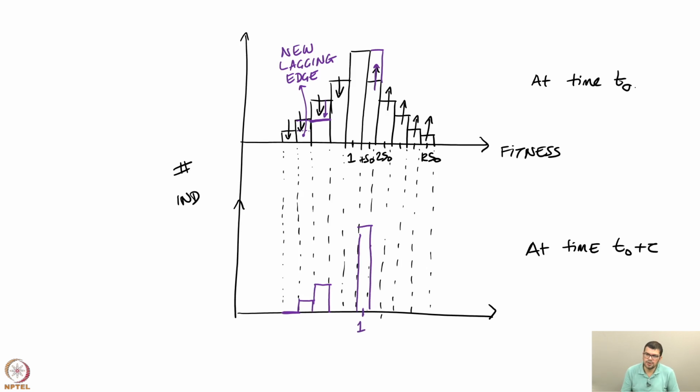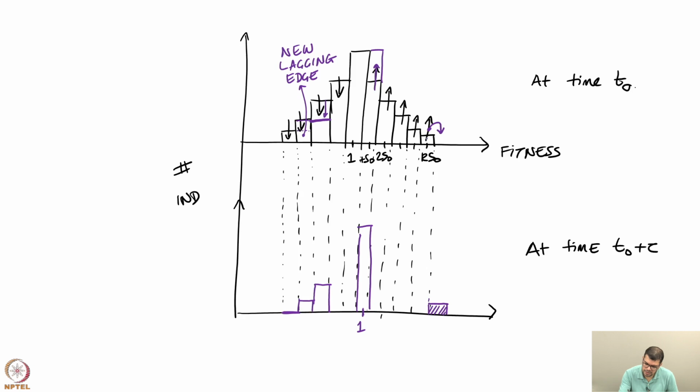And the most important bit is that in this tau time we have a new leading edge which has come into the picture, which happened because a mutational event took place here and a new beneficial mutant arose and escaped drift. As a result, we have a new leading edge at the beneficial end of this distribution.